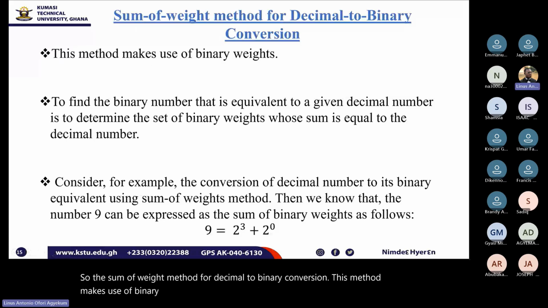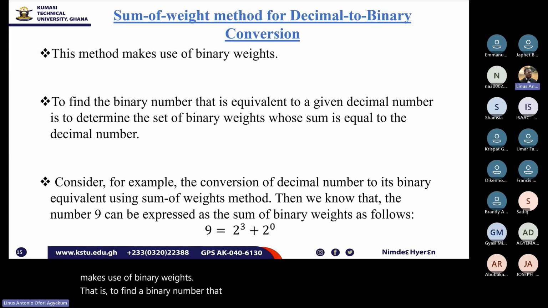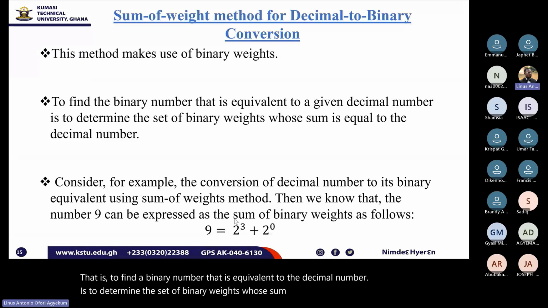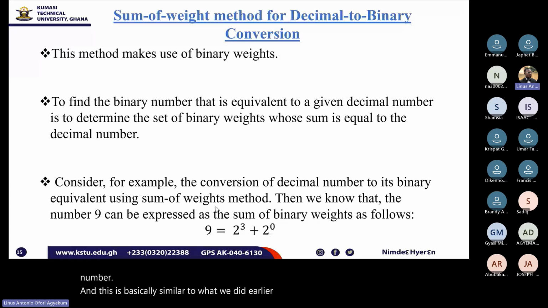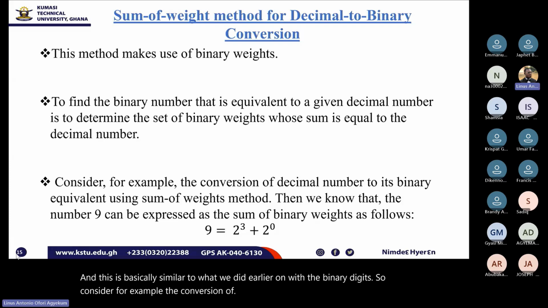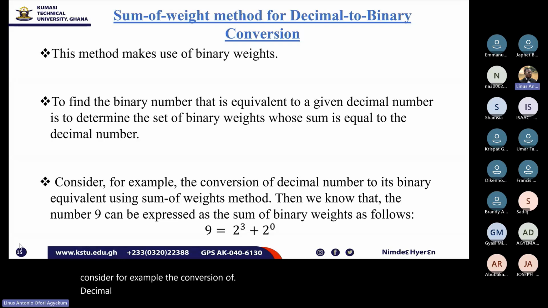That is, to find a binary number that is equivalent to the decimal number is to determine the set of binary weights whose sum is equal to the decimal number. And this is basically similar to what we did earlier on with the binary digits. So consider, for example, the conversion of a decimal number to its binary equivalent using the sum of weights method.